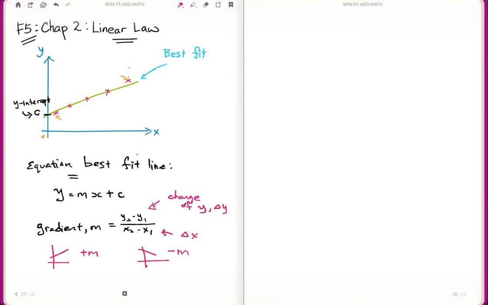Now, in order to get the equation y equals mx plus c, all you need to do is make use of the gradient equation here.